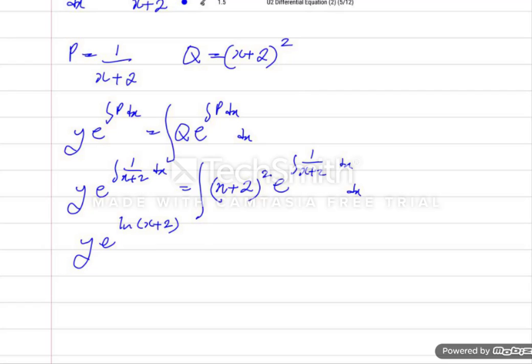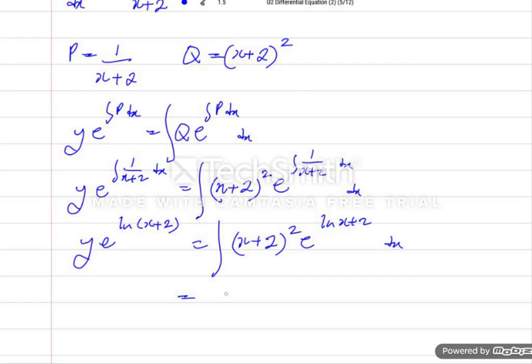And this is equal to the integral of x plus 2 squared and then e to the ln x plus 2 dx. But e to the ln x plus 2 is just what? x plus 2.